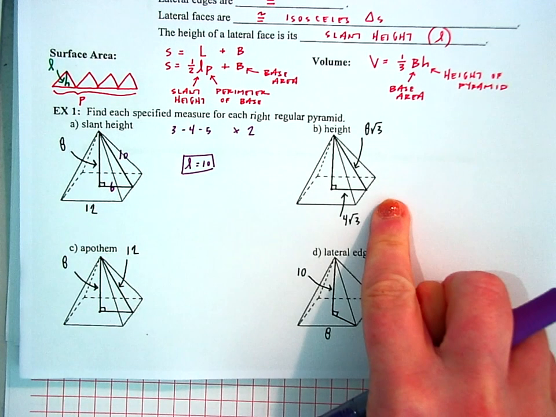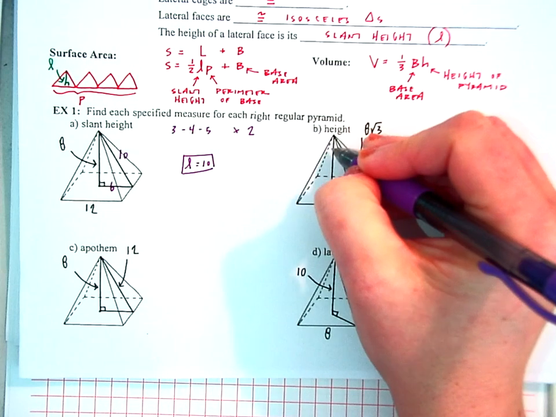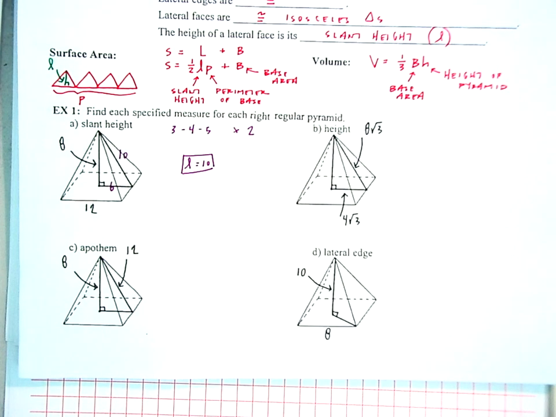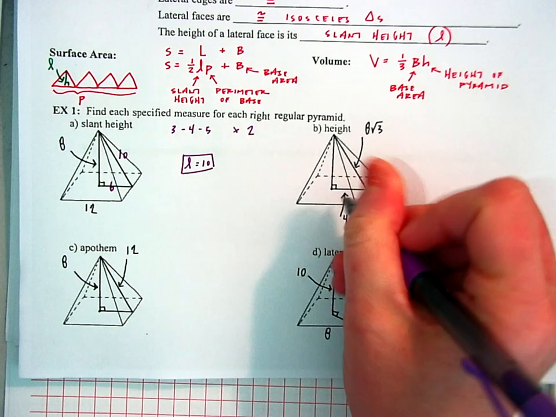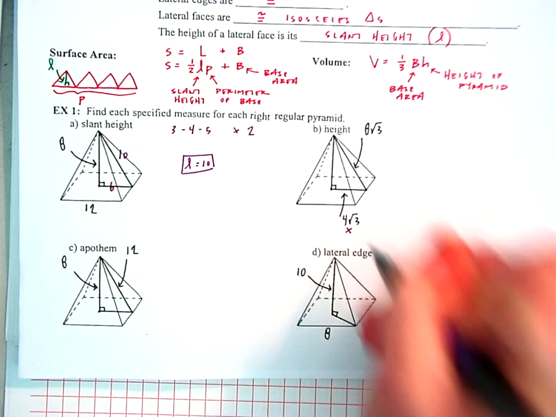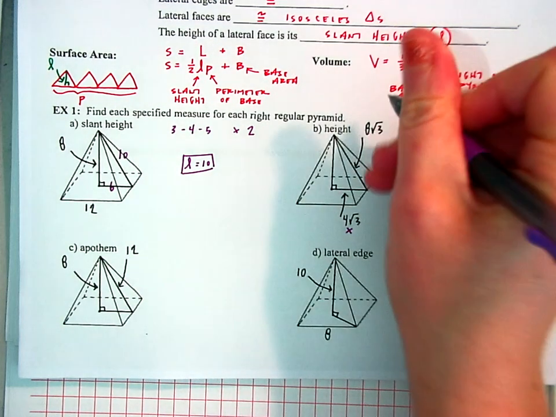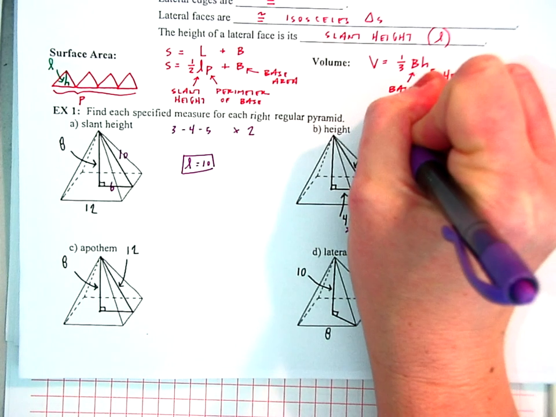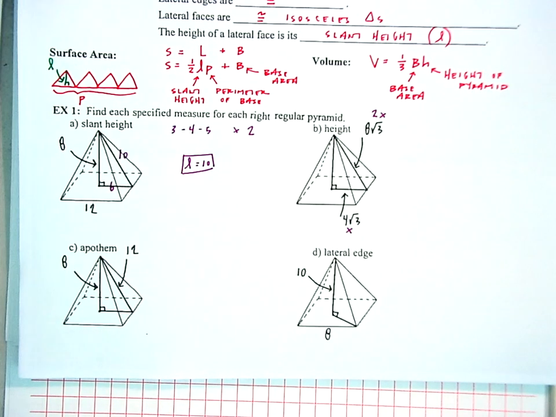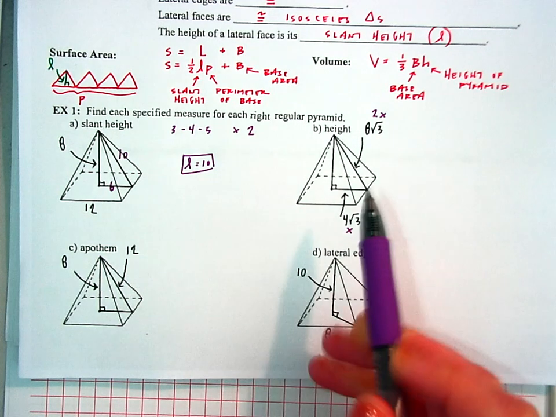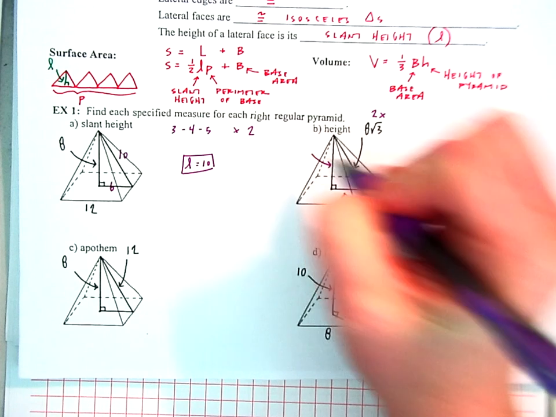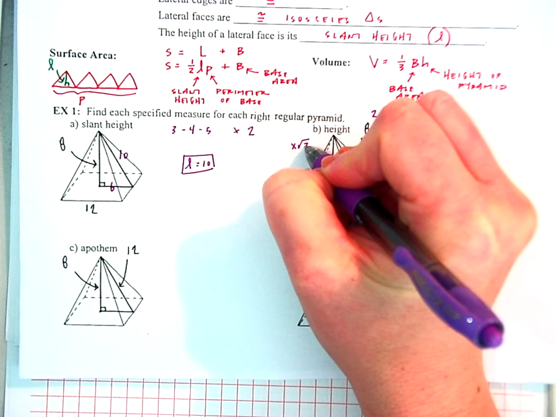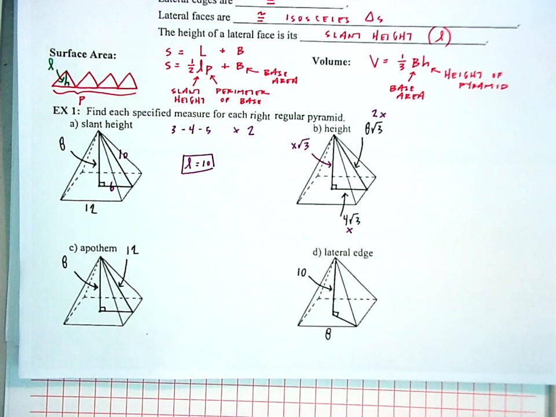Okay, for B, here I'm solving for the height. So right there, I want the height. So here I can also recognize another pattern. I can see that right here, this leg, if I call that X, the hypotenuse is 2 times X. So that signals to me that this is really a 30, 60, 90 triangle, where this is the short leg, which is X. This would be the longer leg, which is X times the square root of 3, and the hypotenuse is the 2X.